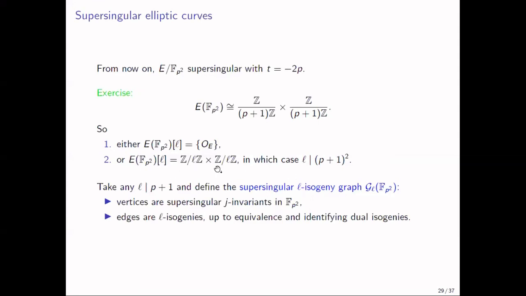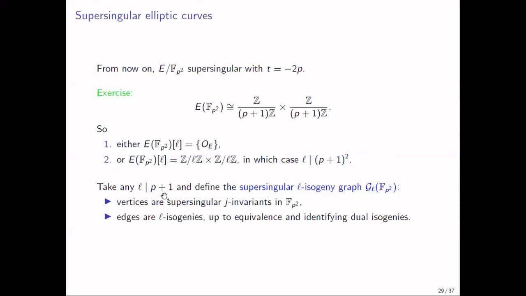And in this case, if there's any l-torsion, there's full l-torsion, then just looking at the order of this group, which is (p+1) squared, you see that l needs to divide (p+1) squared.